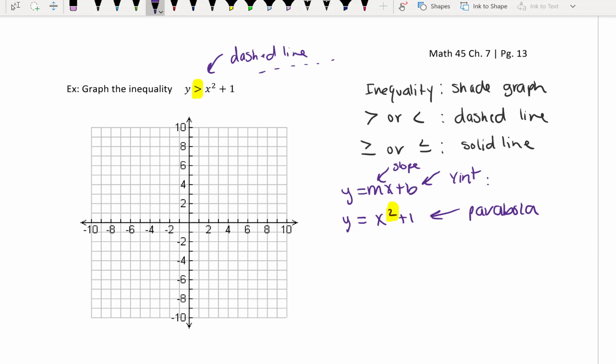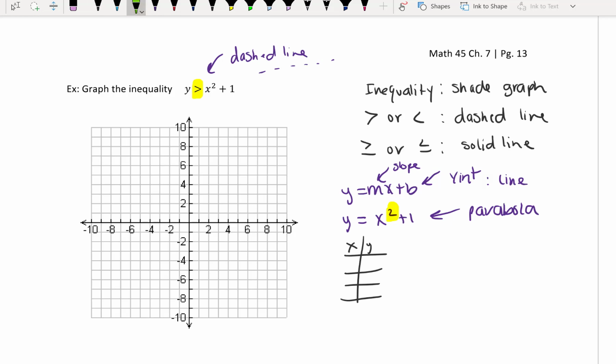So I know that this is linear, so it's a line, and the degree 2 would be a parabola. So what might be good when you're drawing a parabola is to just do some ordered pairs. That might help you out.